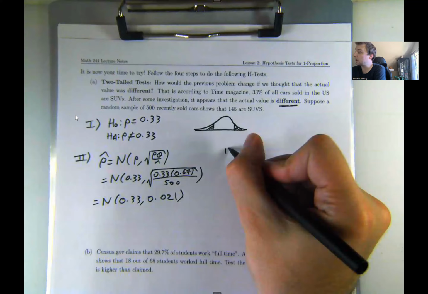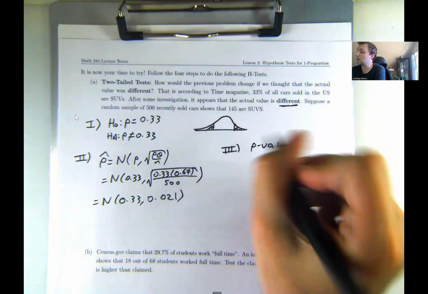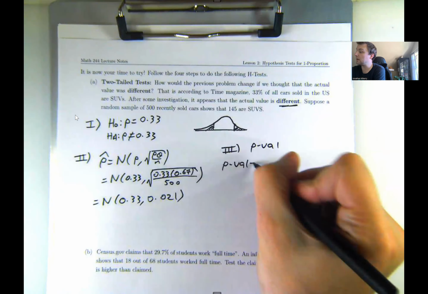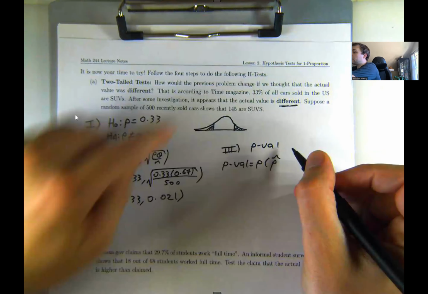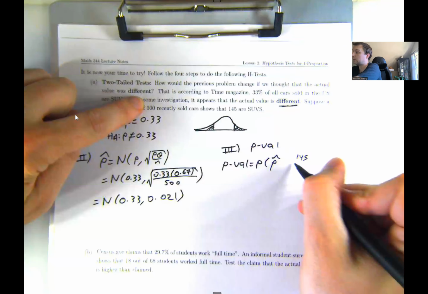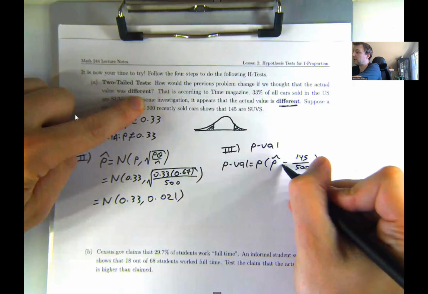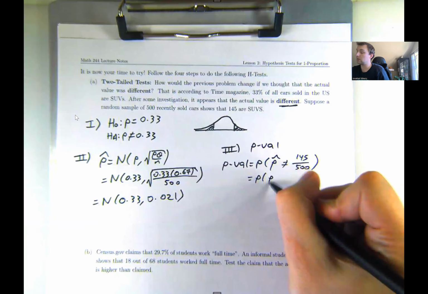Third step is my p-value step. And I am looking at the likelihood of my sample success rate. I had 145 successes out of 500 trials. And I'm testing for difference, so I'm looking at a two-tailed test.